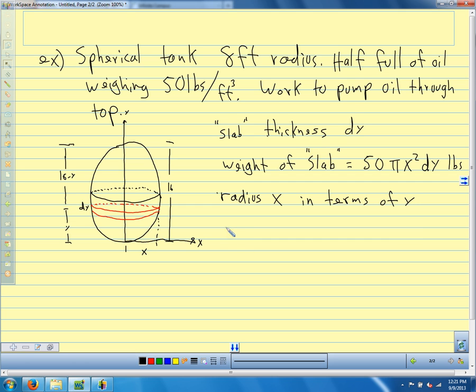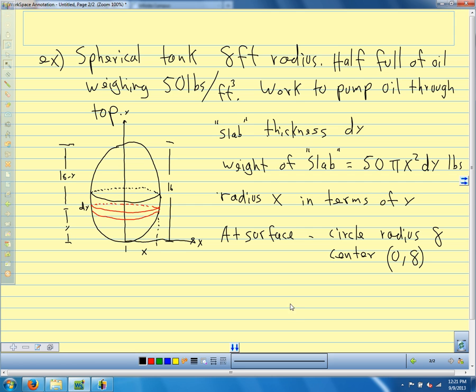At the surface of the oil, I have a circle here, a circle of radius 8, and its center is at (0, 8), based on my coordinate system. So I'm going to write the equation of that circle.